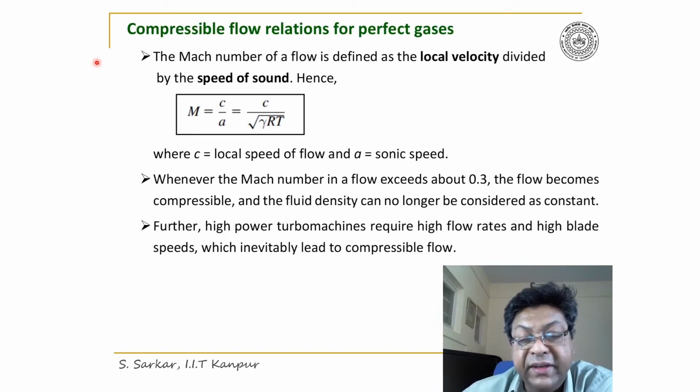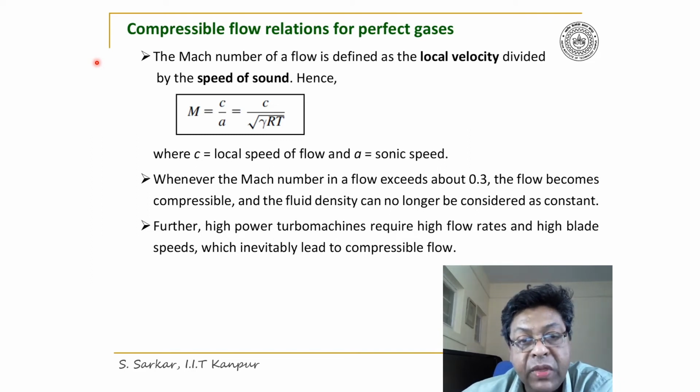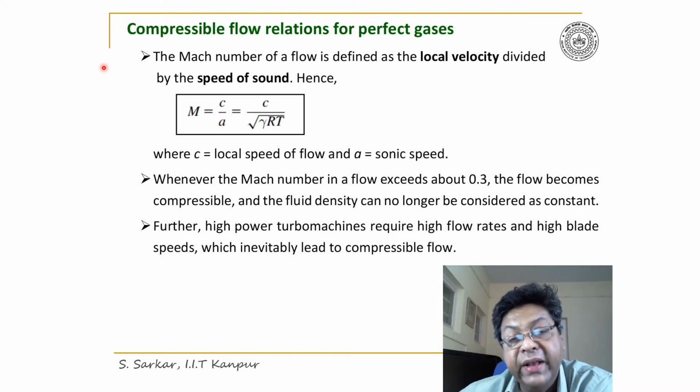I have discussed here in brief the compressible flow relationships for perfect gases. The Mach number of a flow is defined as the local velocity divided by the speed of sound.